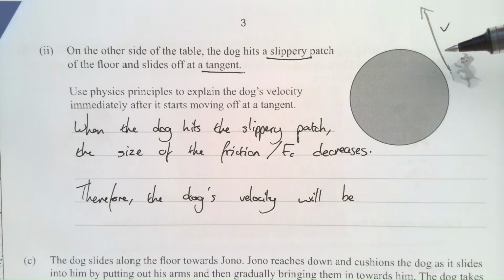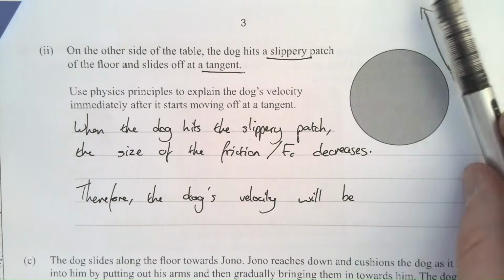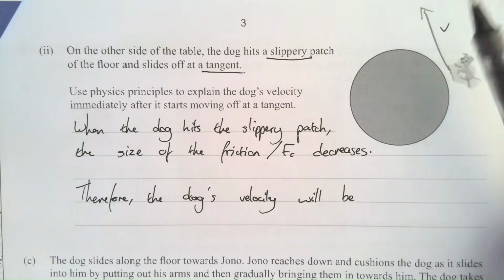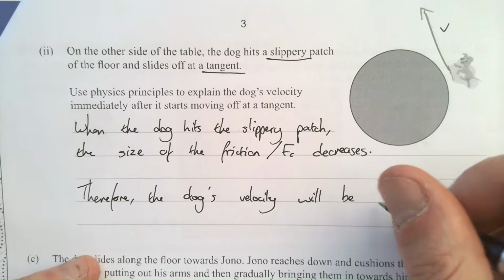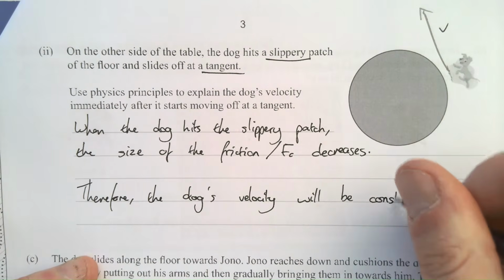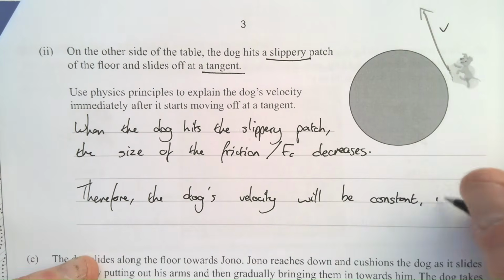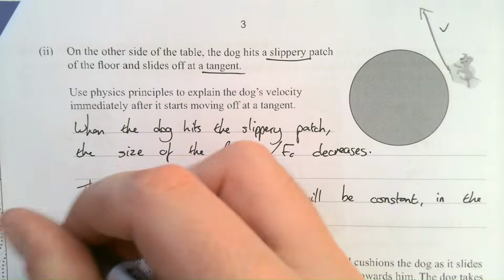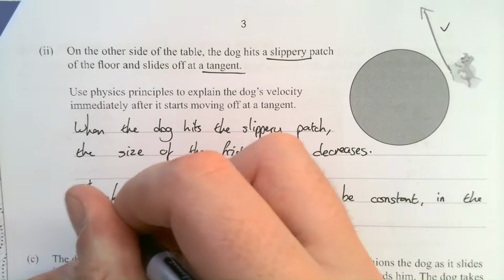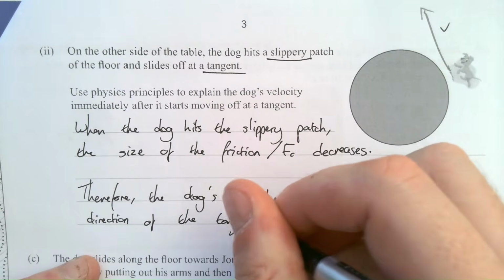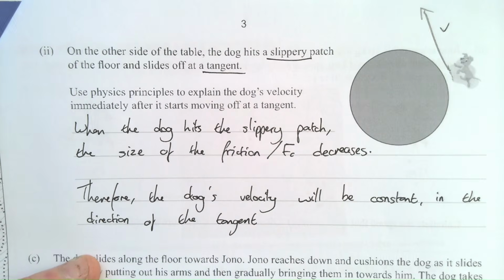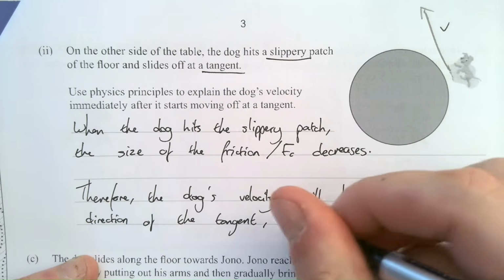We are going to assume that he's traveling off in a straight line forever at a constant velocity now, because there are no more unbalanced forces on him. Therefore, the dog's velocity will be constant in the direction of the tangent as there are no unbalanced forces.